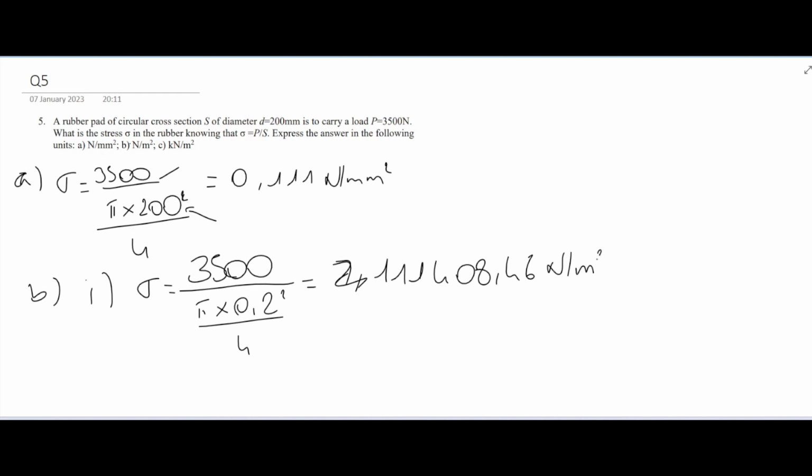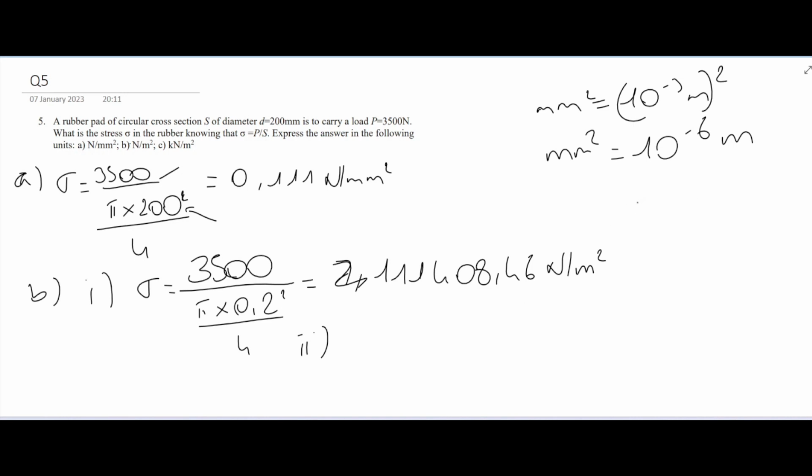newtons per meter squared. But if we use the second method, we know that the millimeter is 10 power minus 3 meters, and millimeter squared is this squared, so millimeter squared is equal to 10 power minus 6 meters squared.